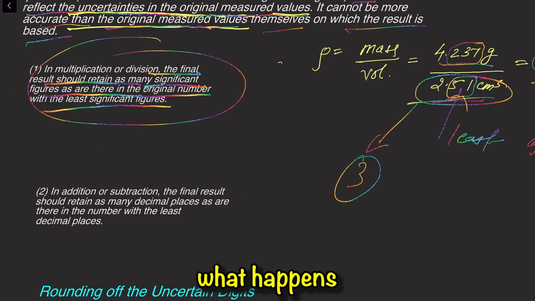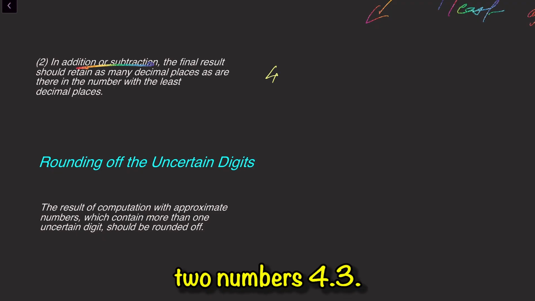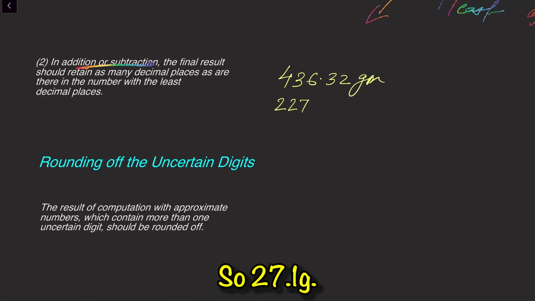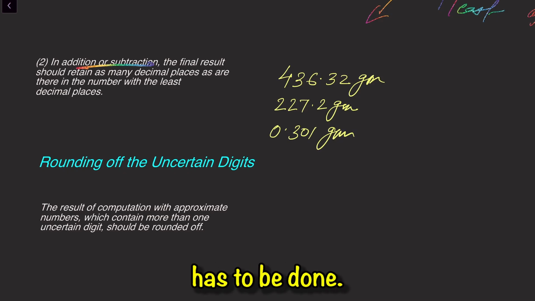Now the second, what happens in addition or subtraction? For example, we have numbers 4.3, 436.32 grams, 227.2 grams and 0.301. The addition has to be done.